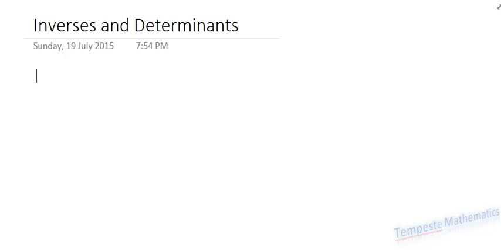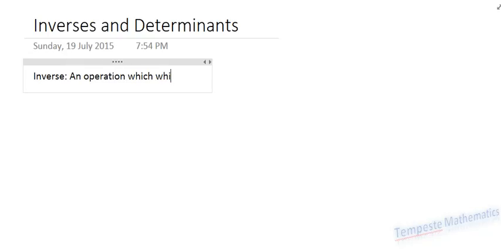Okay, so this inverse thing, it's in black because we've got a definition. The inverse is an operation, in general, which undoes another. Generally, we're talking about multiplication, just a little sub-meaning.